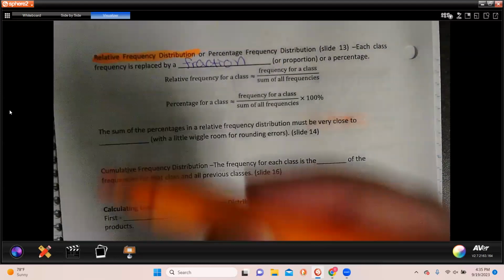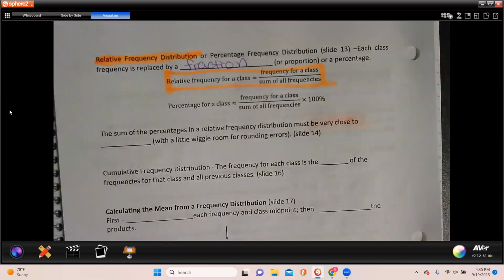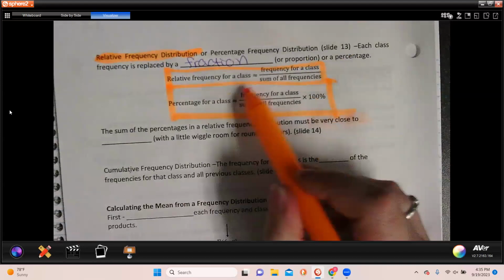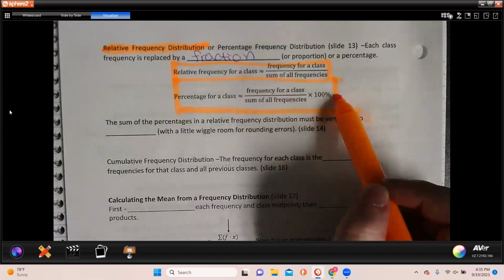So the relative frequency for a class is represented, depending on which one you want. If you want the fraction, you should take that frequency for a particular class and divide by the total frequencies. If you wanted the percentage for a class for its relative frequency, then you do the same thing, the frequency for a class divided by the sum of all the frequencies, but you multiply by 100 because that turns it into a percent.